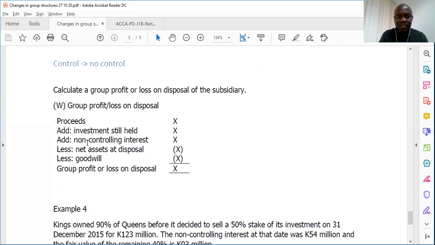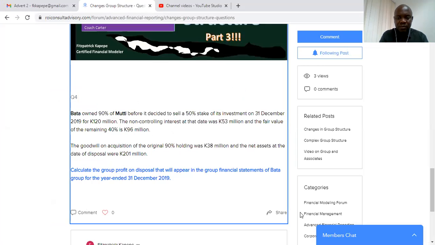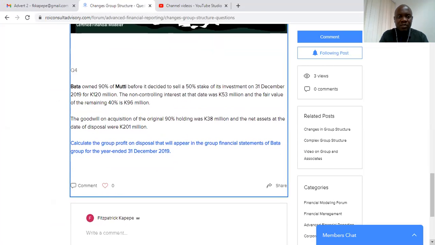So let's go to the question and quickly do this part. The question reads, Bata owned 90% of Muti before it decided to sell a 50% stake of its investment on 31st December 2019 for 120 million, that is a profit.